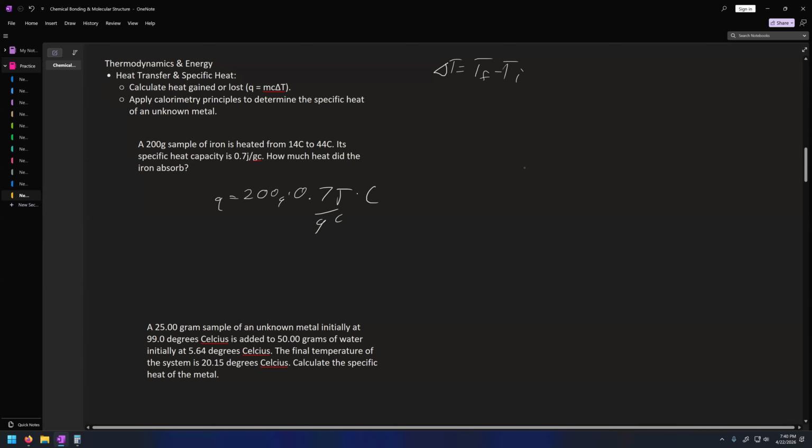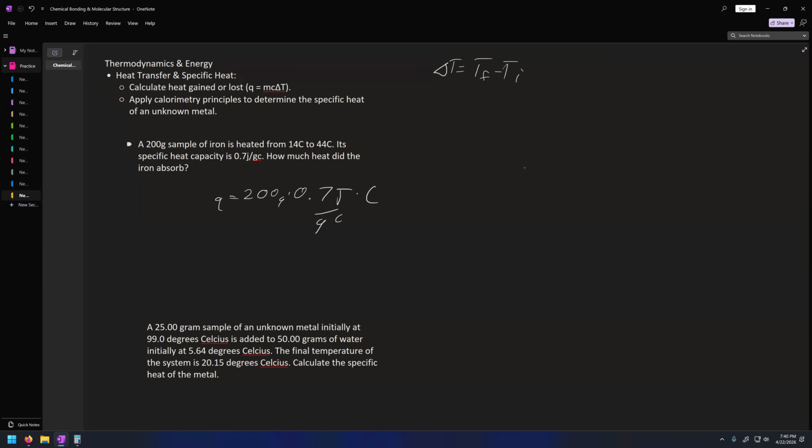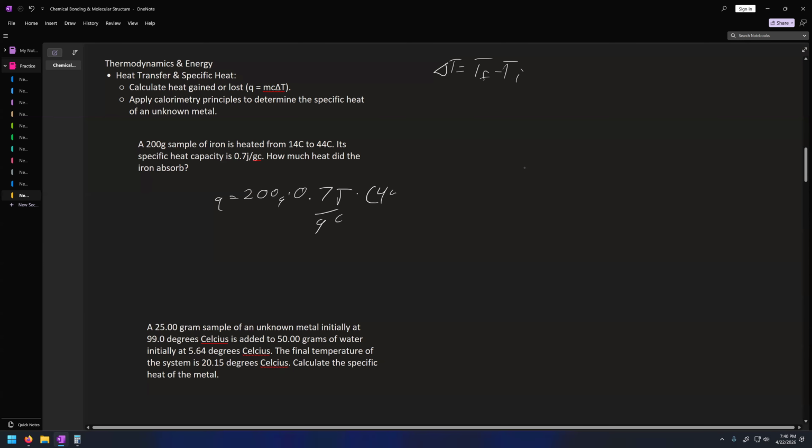Now, my change in temperature, it's important to be able to recognize which one of these is initial and which one is final. If it says from something to something else, the from is the initial, the to is the final. So I'll put 44 Celsius minus 14 Celsius. And that should be everything I need to solve here.